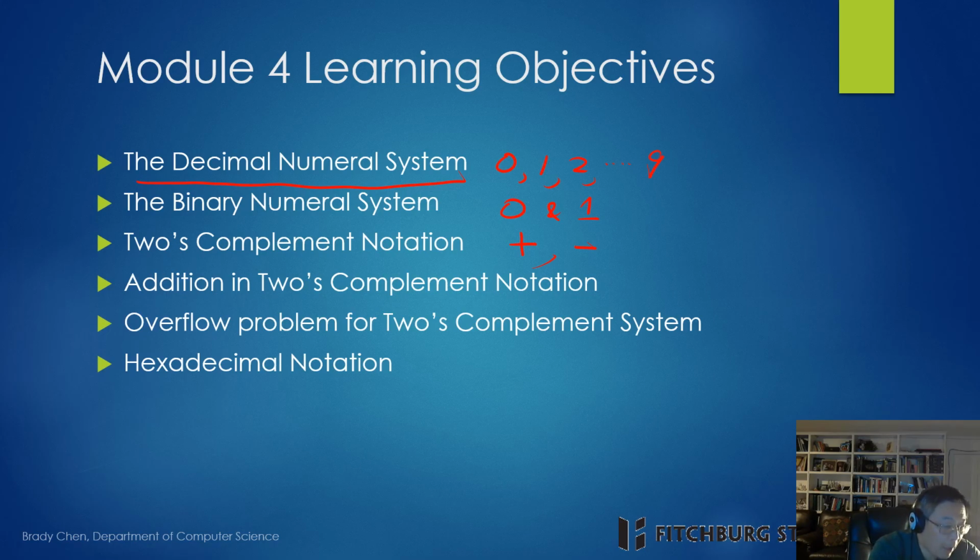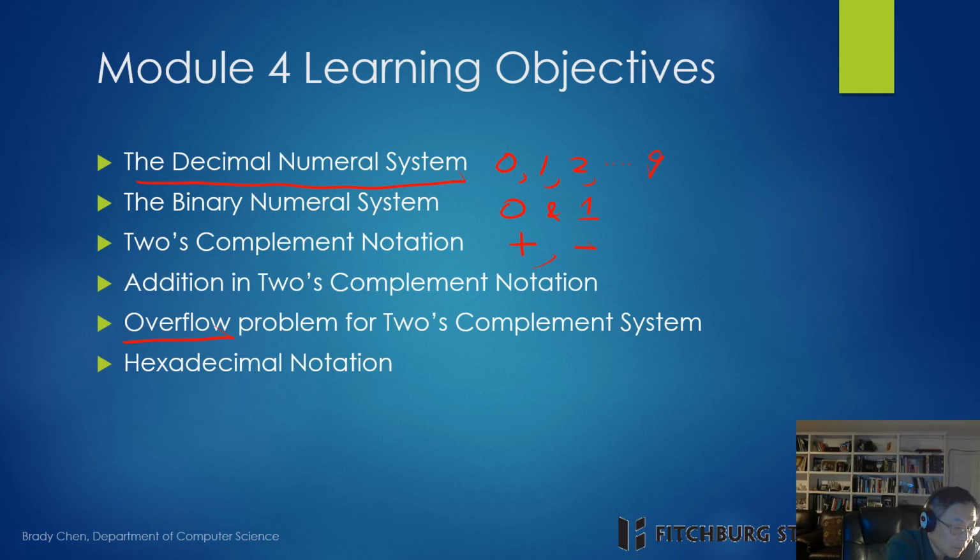The good thing about this is that addition in 2's complement notation will be pretty simple, because both addition and subtraction follow the same rule. However, there's always a drawback with 2's complement notation. One of these is overflow. We will talk about this in Module 3.